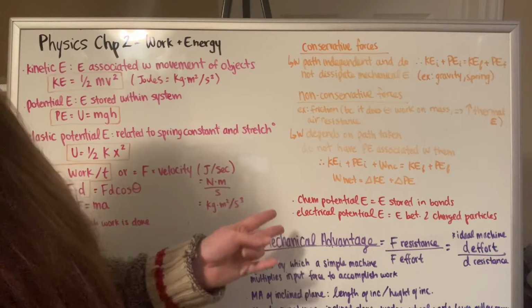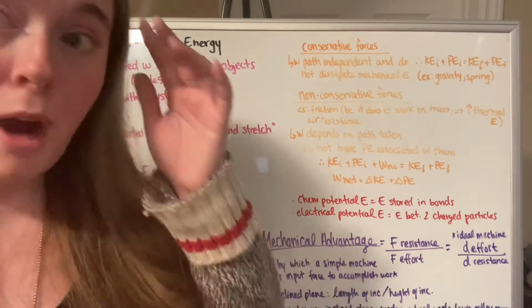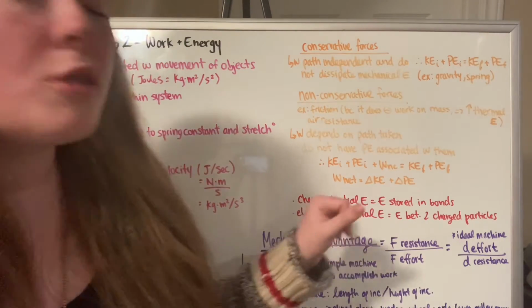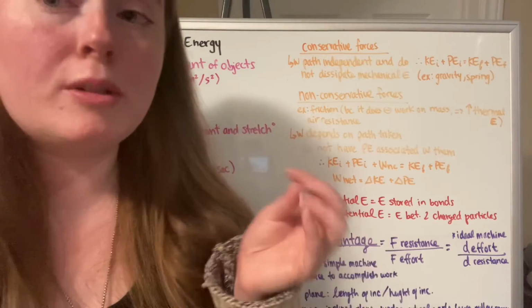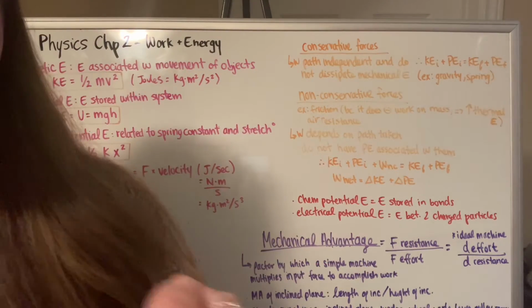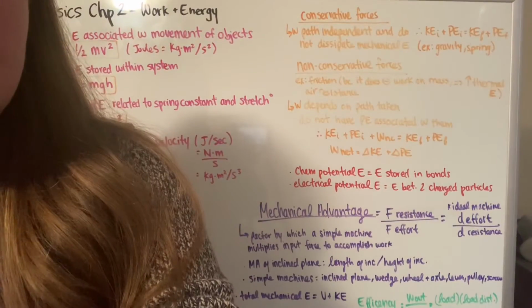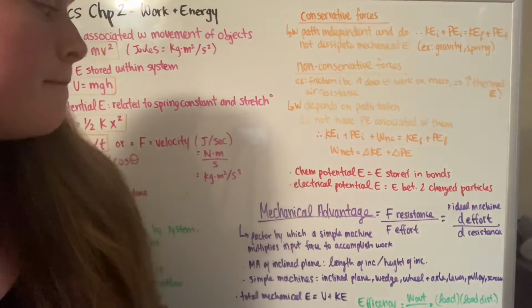Now, a couple other things we didn't mention earlier. Chemical potential energy is energy stored in a bond. Then we have electrical potential energy, which is the energy between two charged particles. And finally, down here, we have our mechanical advantage and efficiency.